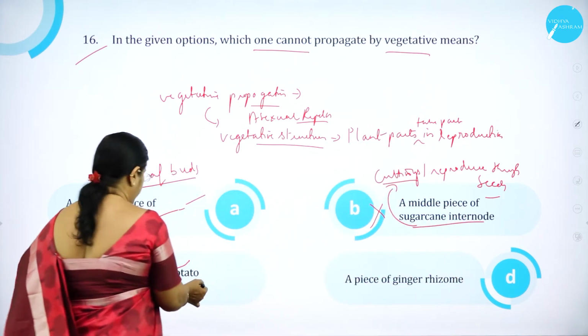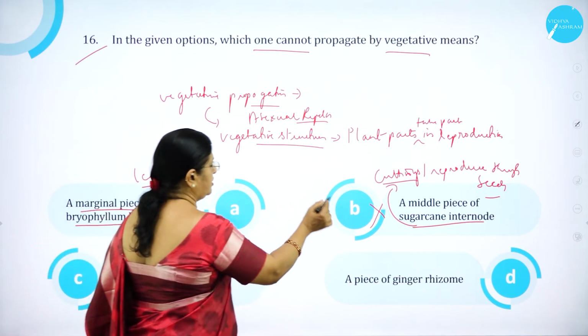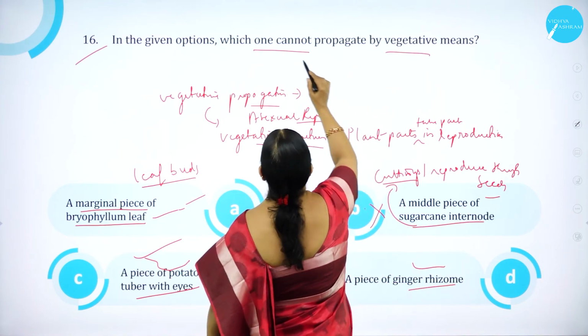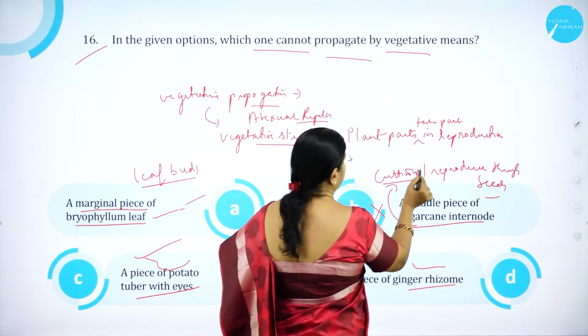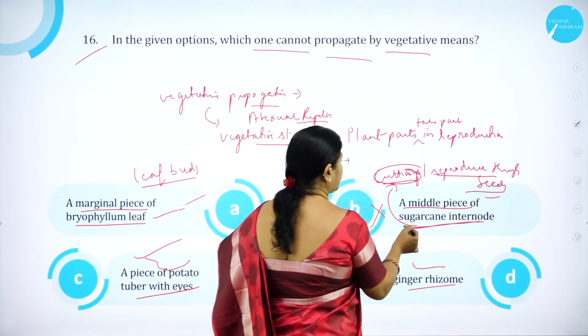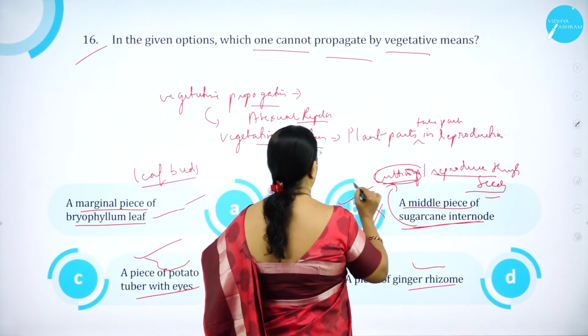A piece of potato tuber with eye? Correct. A piece of ginger rhizome? Correct. So option B cannot propagate by vegetative means. Actually it is reproduced through seeds. A middle piece of sugarcane internode, that is option B.